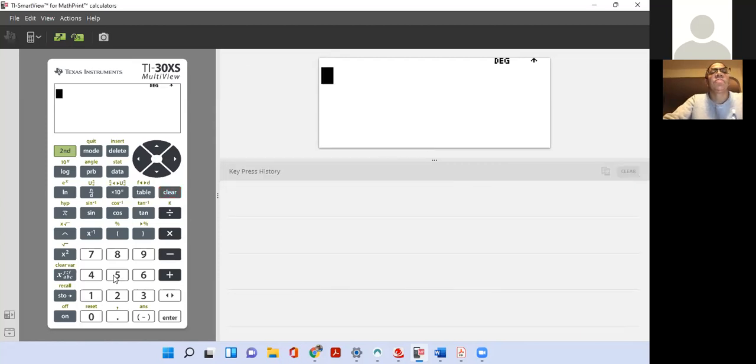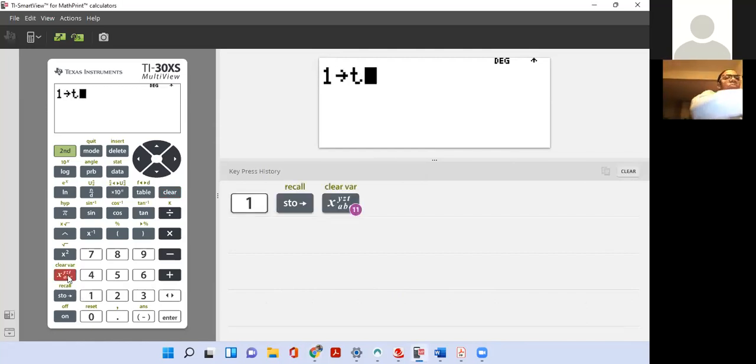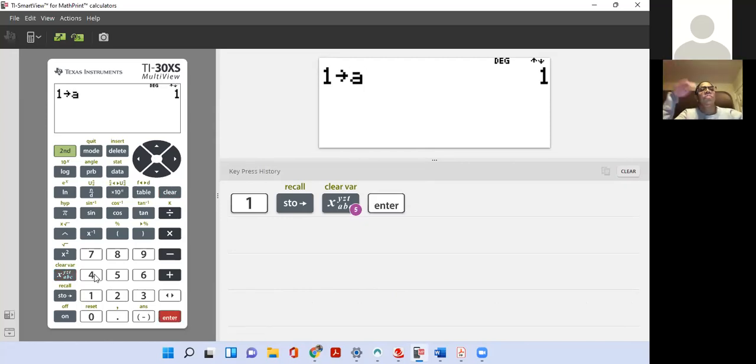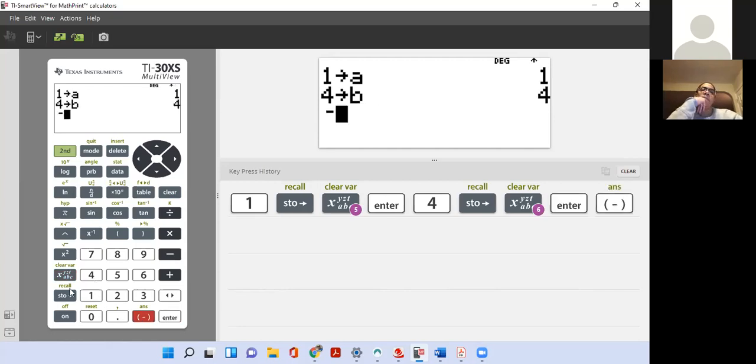This time I'm going to use the values again: 1, 4, minus 14. So 1 store A, 4 store B, and minus 14 store C.